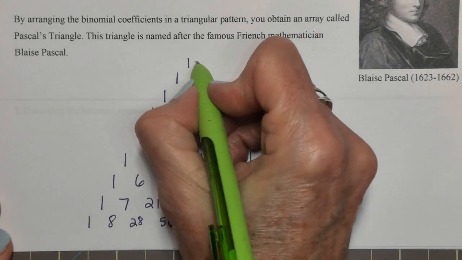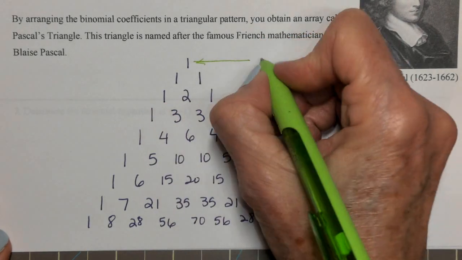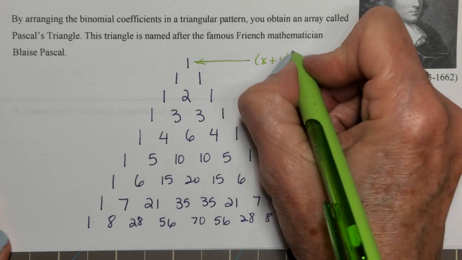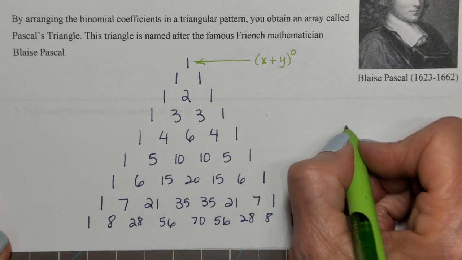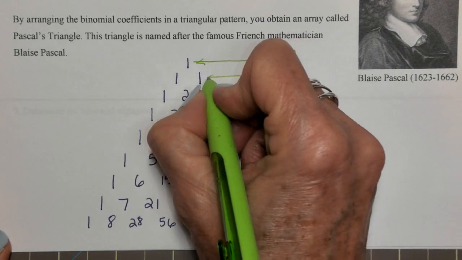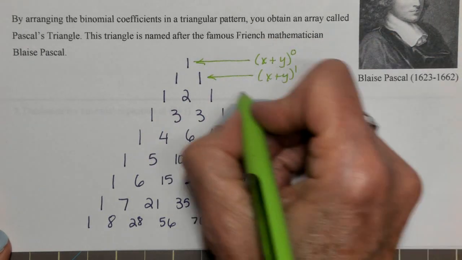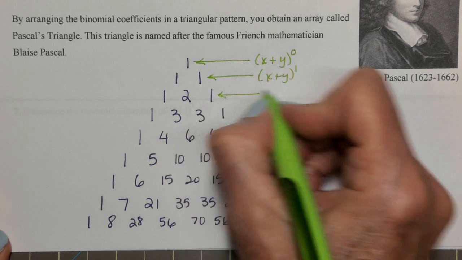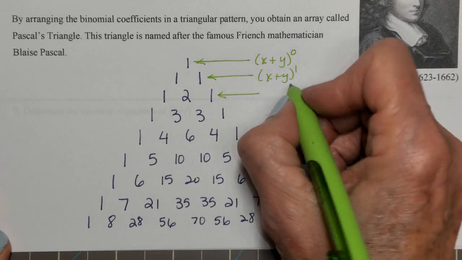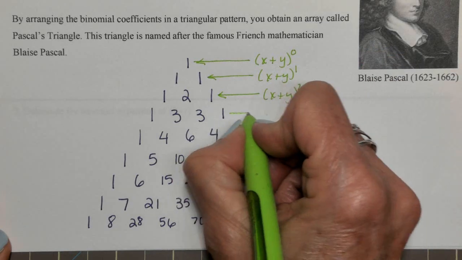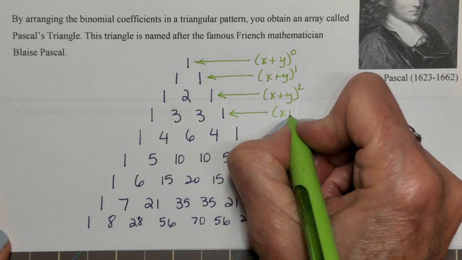So the very first row gives us the coefficients of x plus y to the 0. The second row gives us x plus y to the first coefficients. The third row gives us x plus y squared, and so forth.